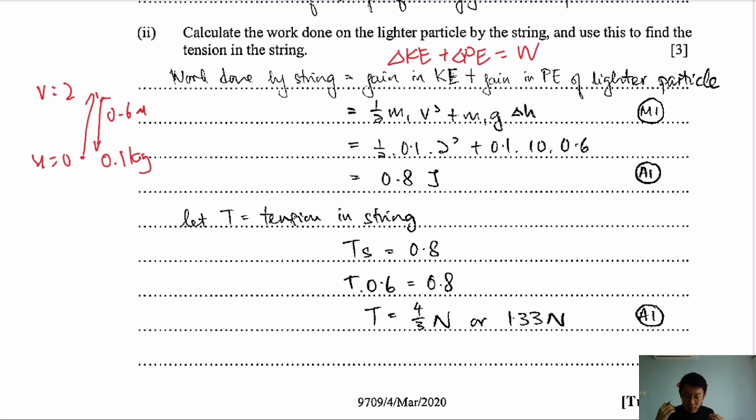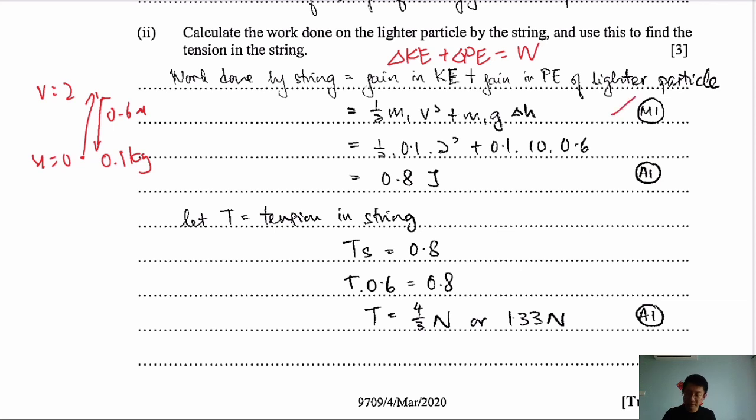In other words, the lighter particle can go up because the string does some work to pull it up. So we just consider the KE and PE of the lighter particle, which has mass 0.1.